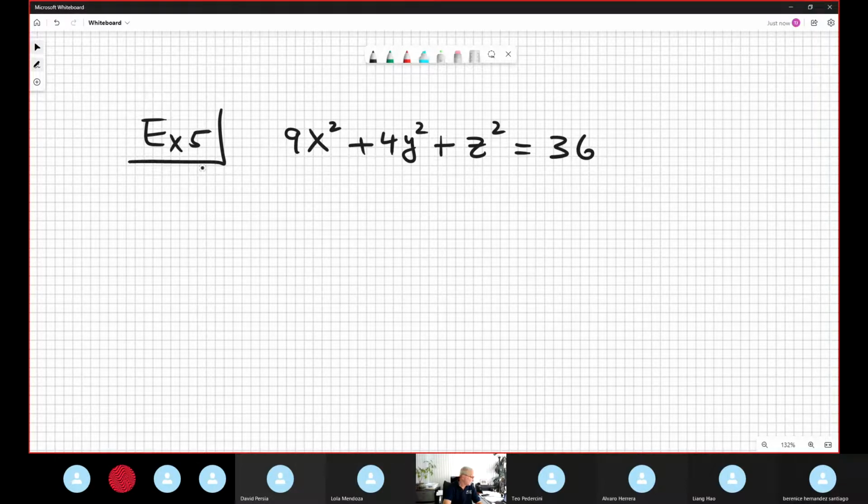What is the characteristic of the identification? There is no missing variable, x, y, and z are all present in my equation. Everything is a square. Everything is positive. It's obvious. What is that?